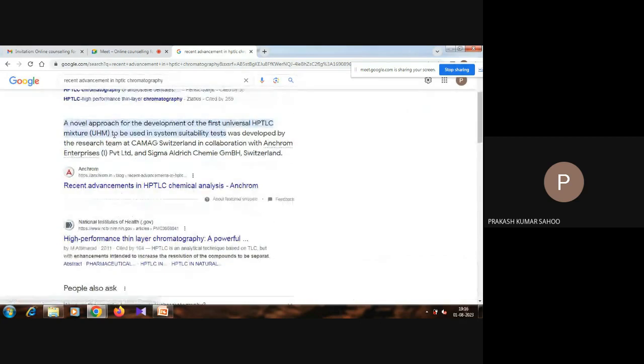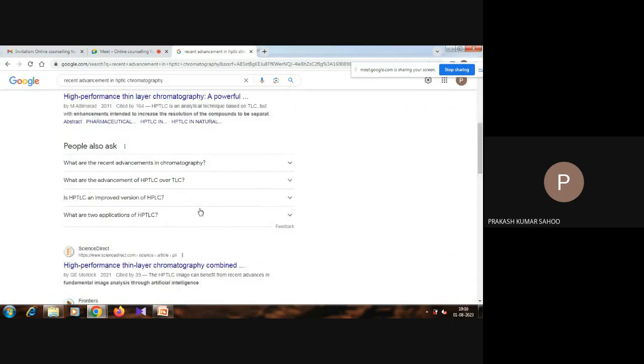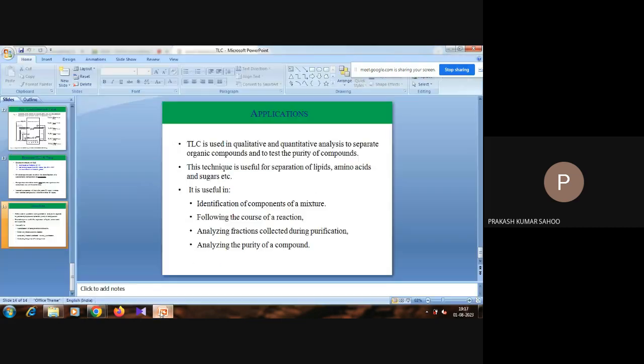A novel approach for the development of fast universal HPLC to be used in system. Just go through these things, because I am not an expert in this field. I just read these PDFs and PPTs, and also refer to some books, and I take your class. Actually, my field of expertise was in coordination chemistry.